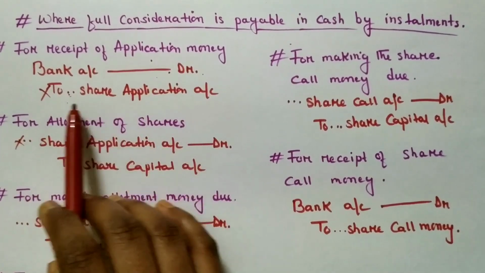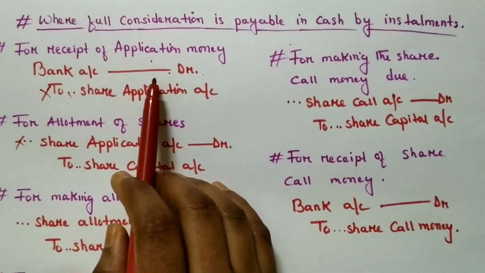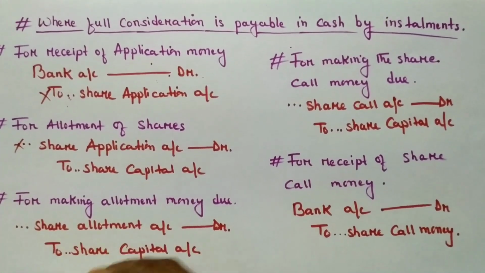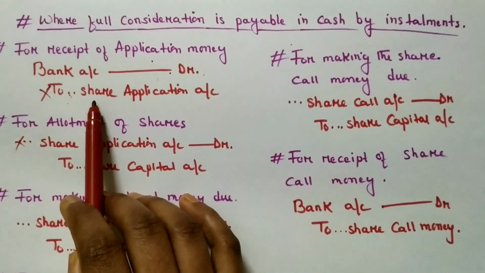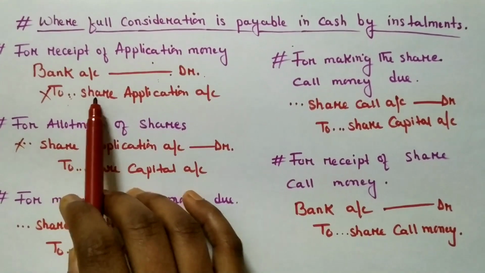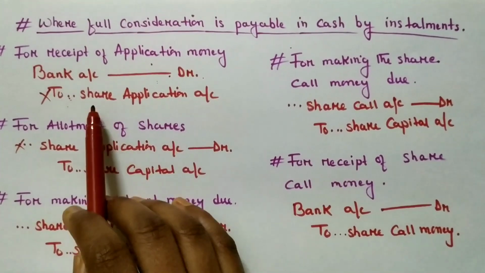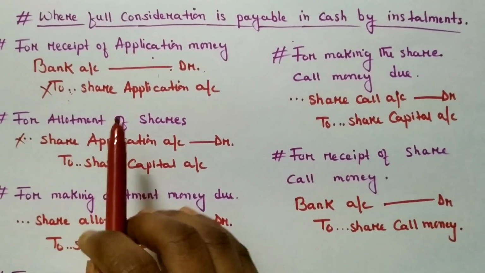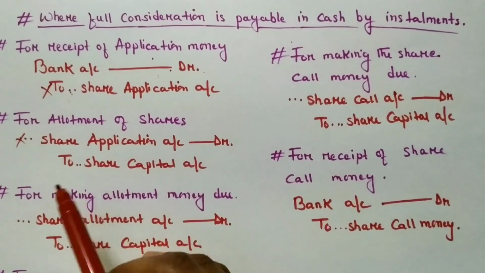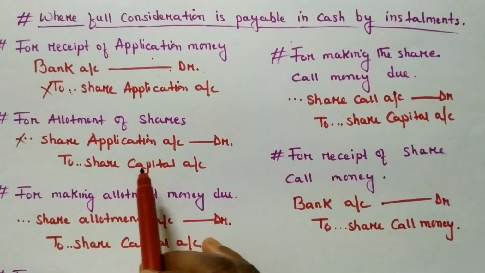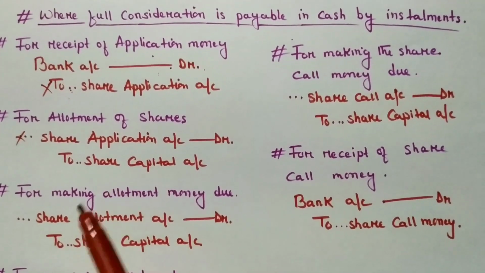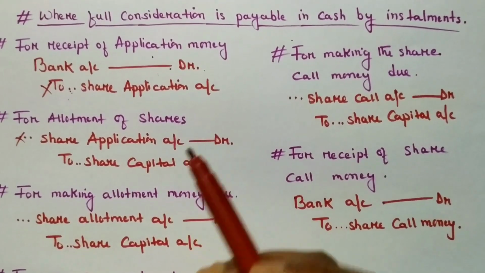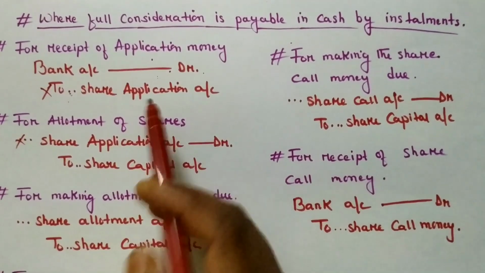So here, why is the bank debited? Because the amount is received by the company, and the amount so received is against share application money. That is why share application account is credited. Now, as application money is a part of share capital, it is not directly credited to share capital account on its receipt.